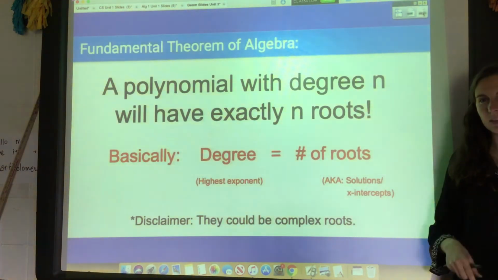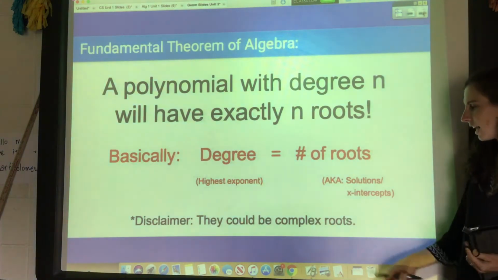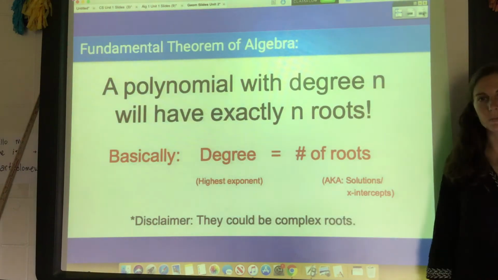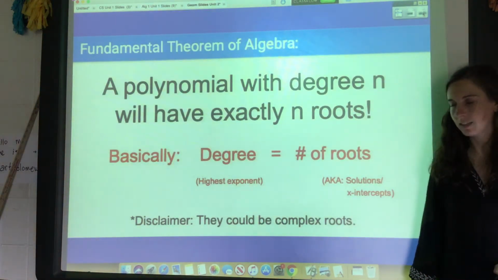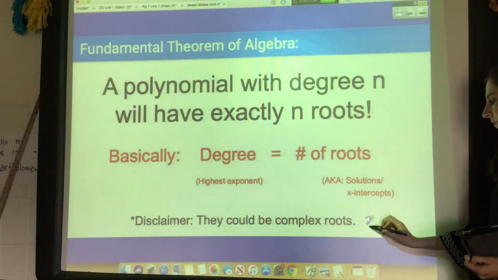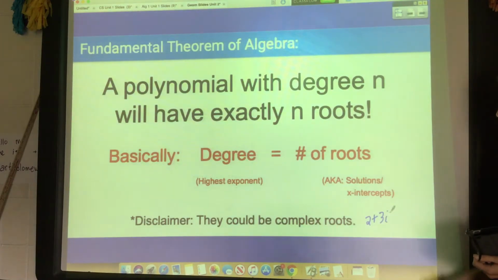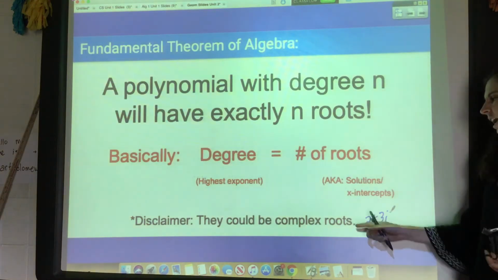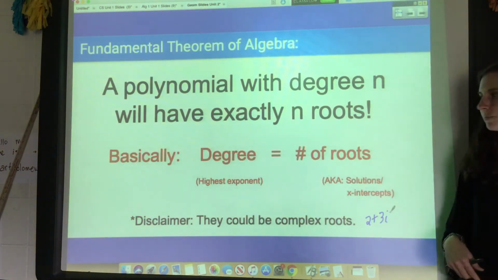Here's a little disclaimer though, and this is a little misleading. They could be complex roots, which, remember, complex numbers involve imaginary numbers, something like 2 plus 3i. That's a complex number. So they could be complex roots and not actually hit the x-axis.